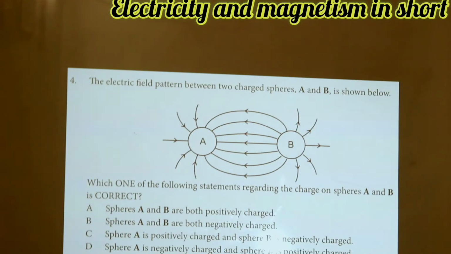So option D is the correct answer, because from B the field lines are going out, and if you consider A, the field lines are coming into the charge. So sphere B is positively charged and sphere A is negatively charged.